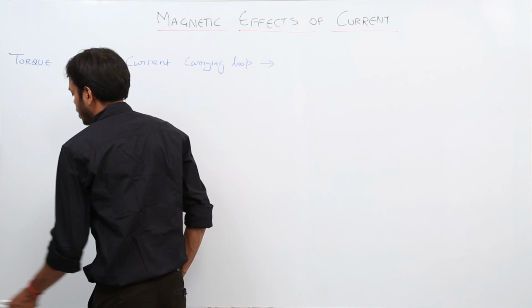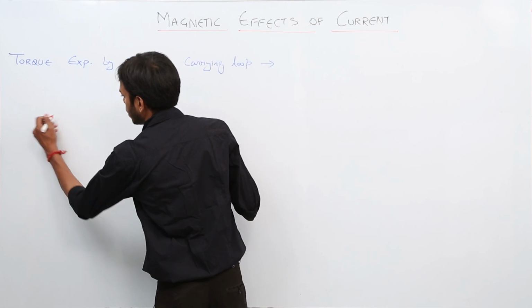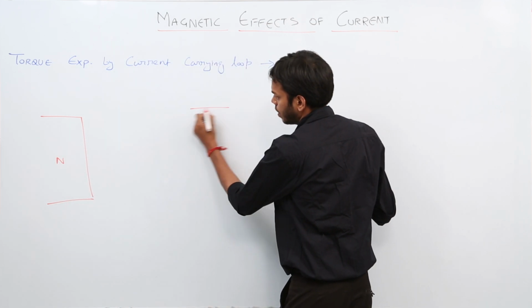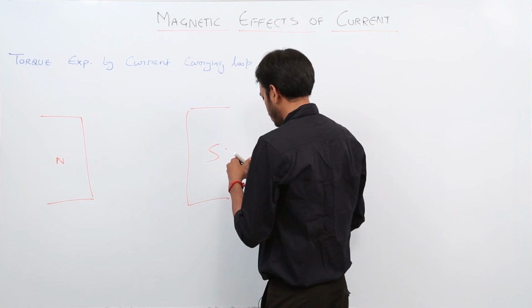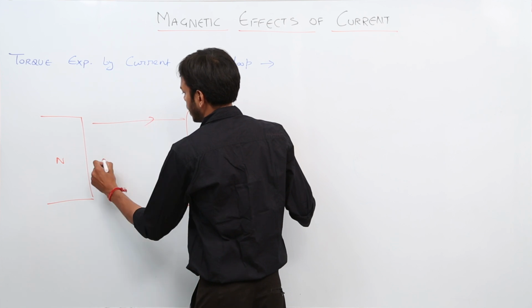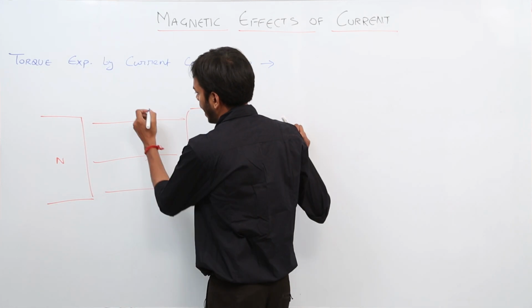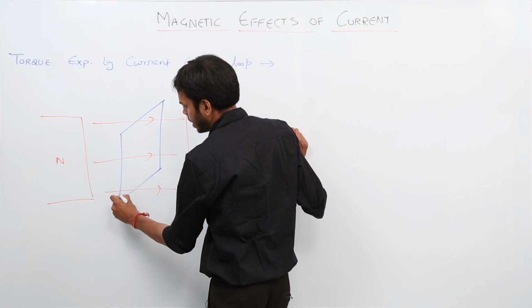So I have a diagram like this. This is my field magnet, north polarity and south polarity. Then the magnetic field is in this direction. I have a current carrying loop like this.